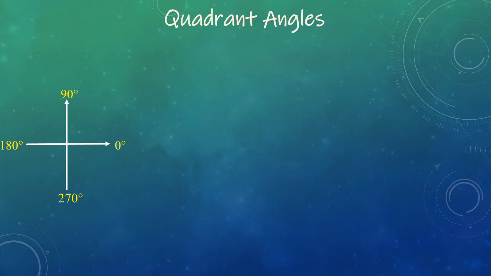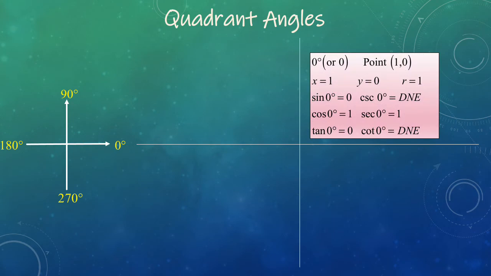So instead of using our trig definitions in terms of opposite, adjacent, and hypotenuse, we will now use our variables y, x, and r, where y represents the distance from the origin to a point we will choose on the quadrant angle. We start with 0 degrees, or 0 if our angle is measured in radians.